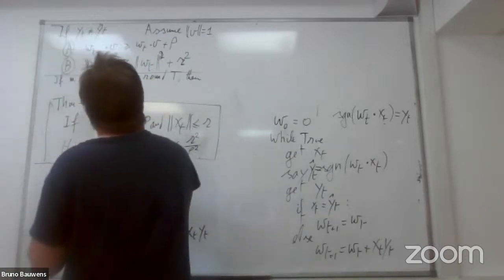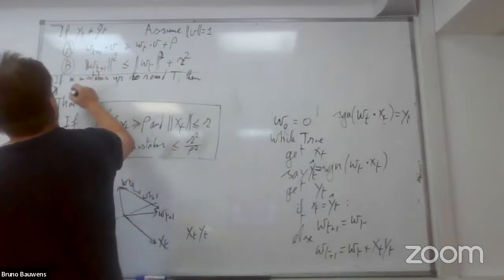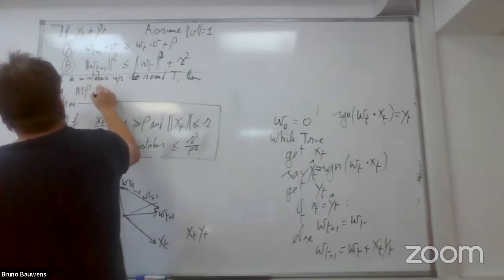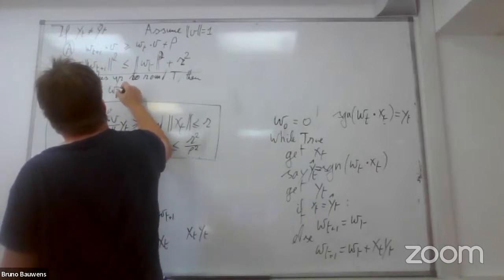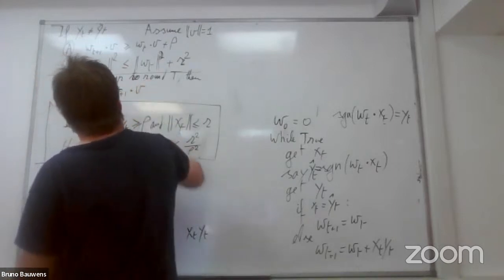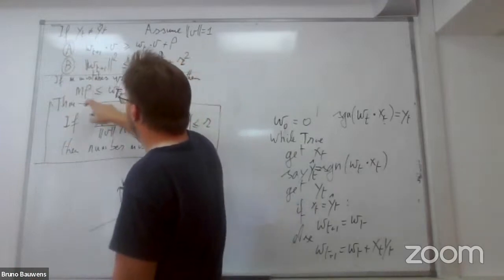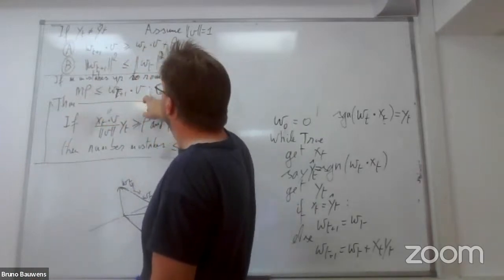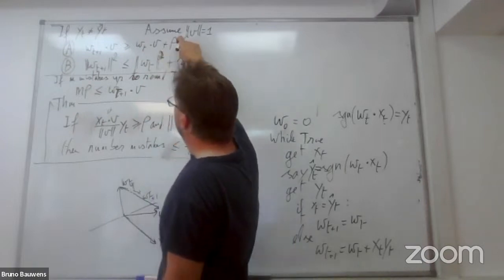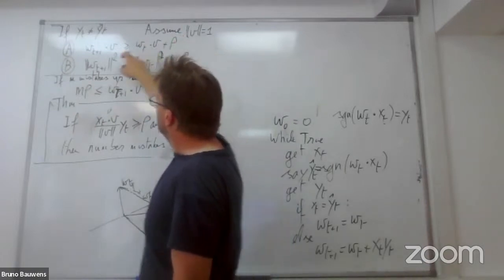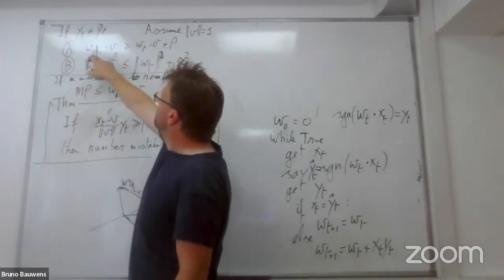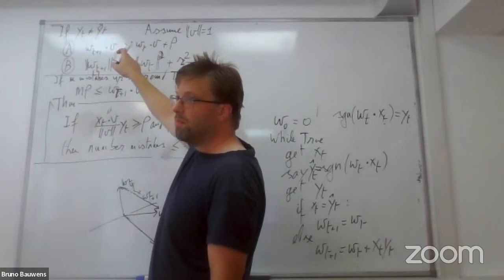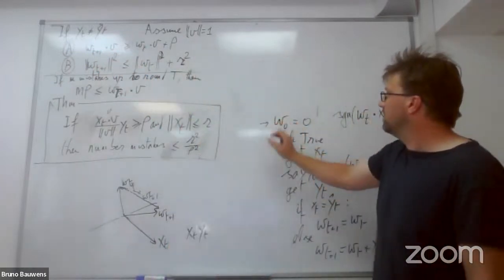Then we have that M times rho is smaller than W T plus 1 times V. So that's just A, I'm writing here. After M mistakes, the projection has increased by M times rho. Initially W0 times V is 0 because of initialization here.